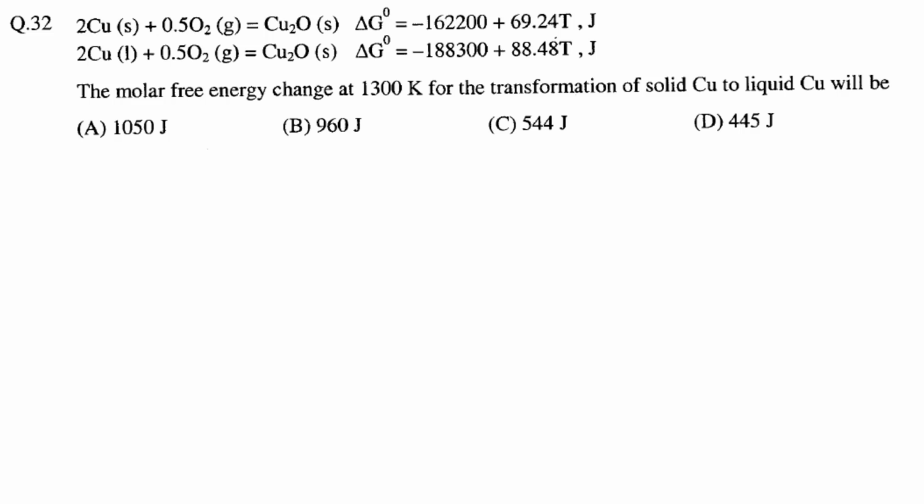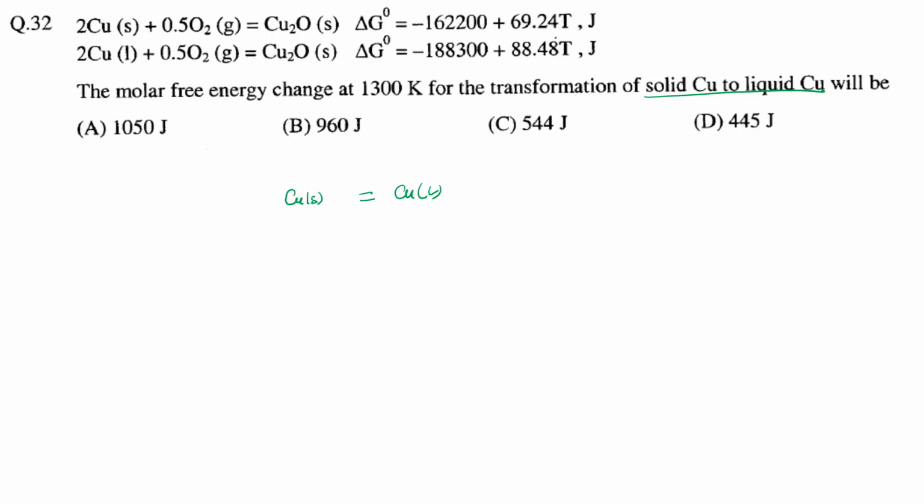The molar free energy change at 1300 Kelvin for the transformation of solid copper to liquid copper. So for this copper conversion, from solid to liquid, what is this free energy change?